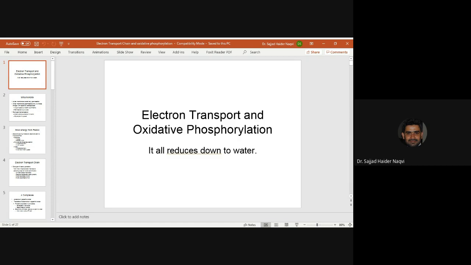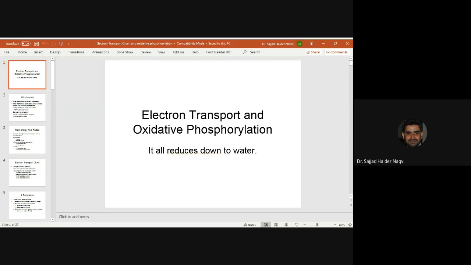What is electron transport and what is oxidative phosphorylation? As you studied last time in the topic of digestion and absorption, we all need food, and the basic purpose of the food, number one, is to get energy. And secondly, we need the food to get the basic raw material like amino acids and sugars to synthesize the body's own required material.